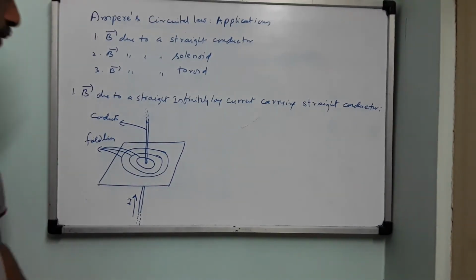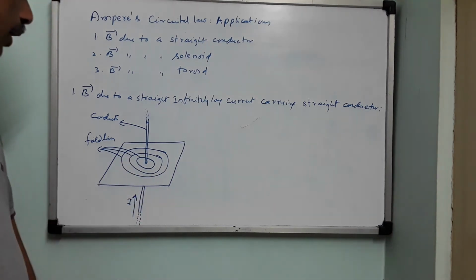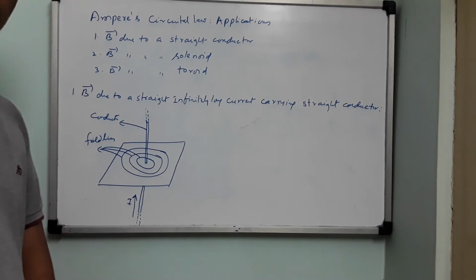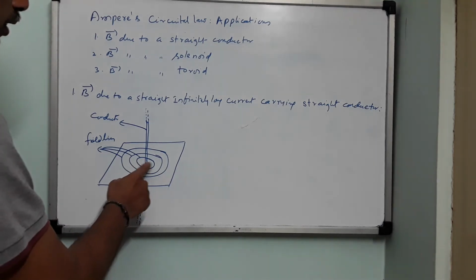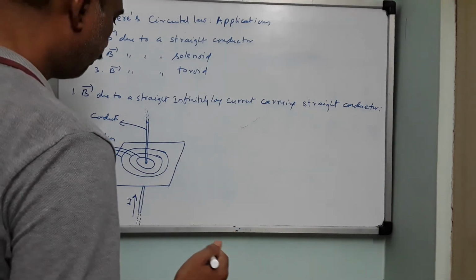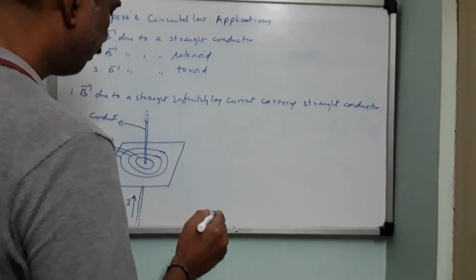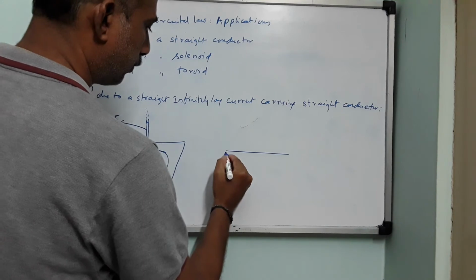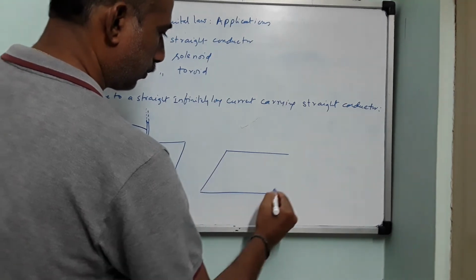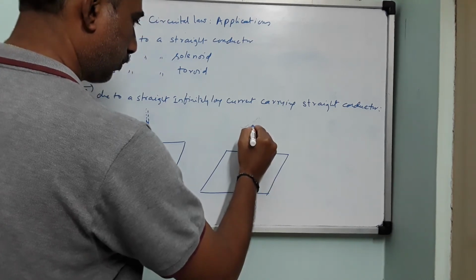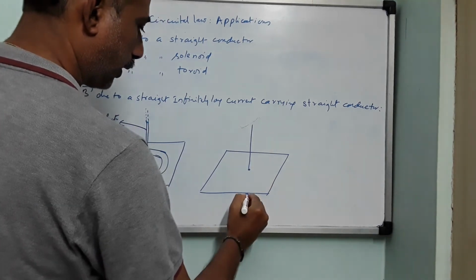Now my interest is not to see the magnetic field lines. I would like to calculate what is the magnetic field available at a given point from this conductor. Right? Now, so the same diagram, if I draw here, this is a conductor.